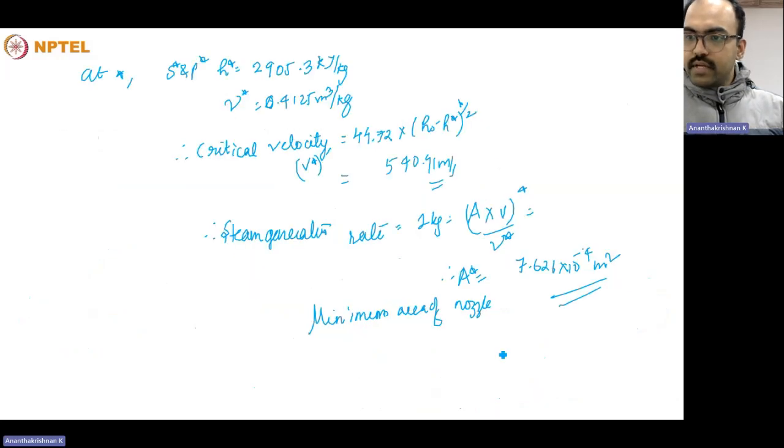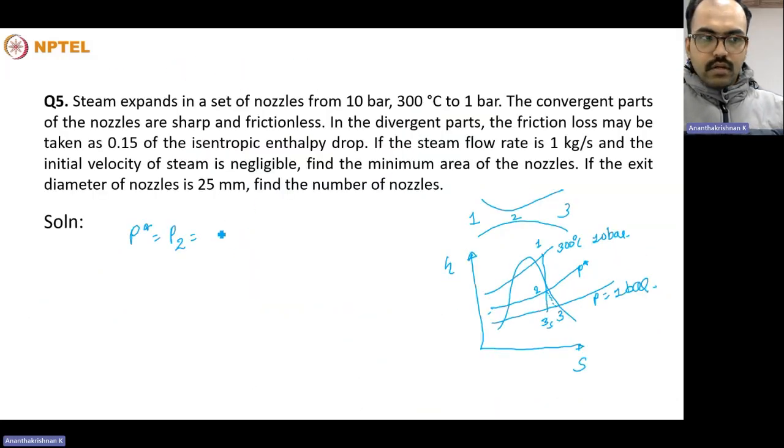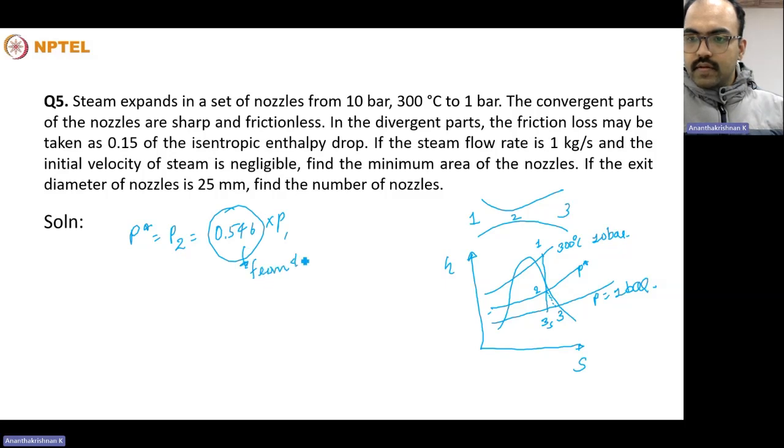So we can straight away use that from the previous, into P1.